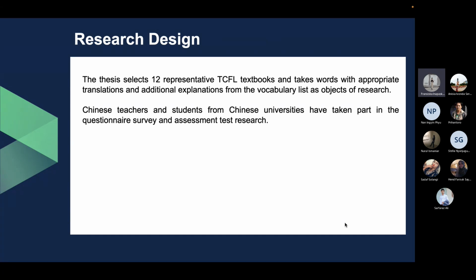This was done so the writer can investigate whether there are significant differences in the non-equivalent translation problems at the preliminary or intermediate level and in the content or function word classes. Chinese teachers and students from Chinese universities took part in the questionnaire survey and assessment test research.